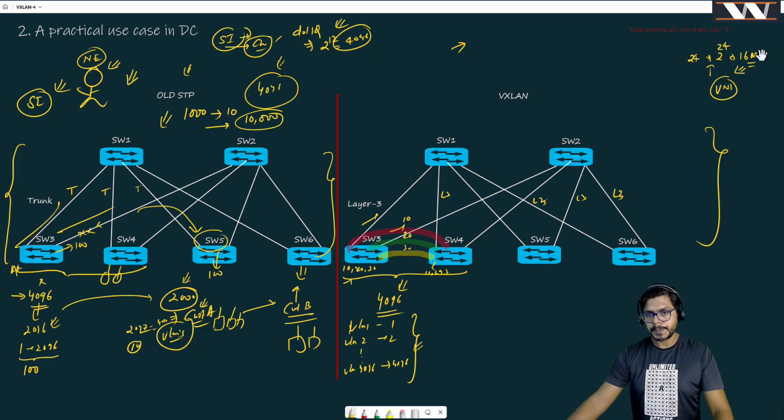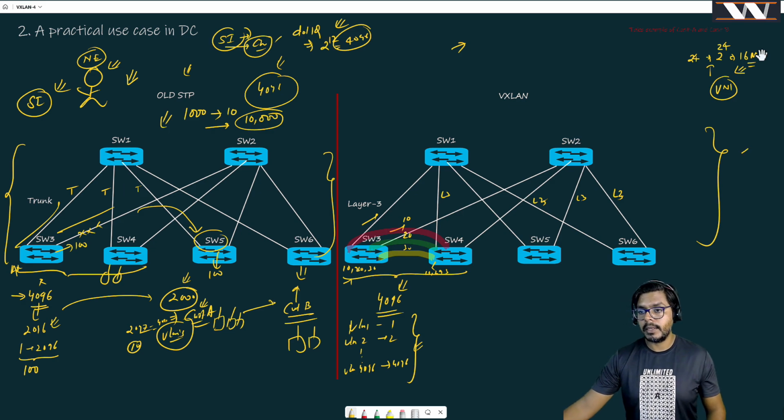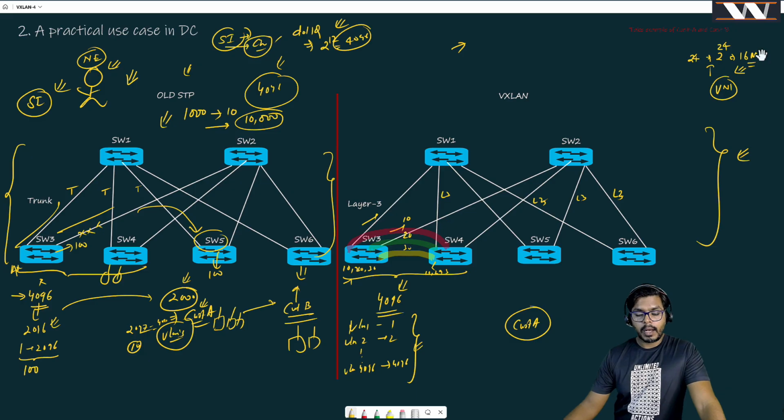Now, as he is creating the big scalable data center, customer A came. And customer A is saying, I would like to use your data center and I need many VLANs. Mr. Rahul is saying, okay, use 4096 VLANs, any number you can use. You can create any number.